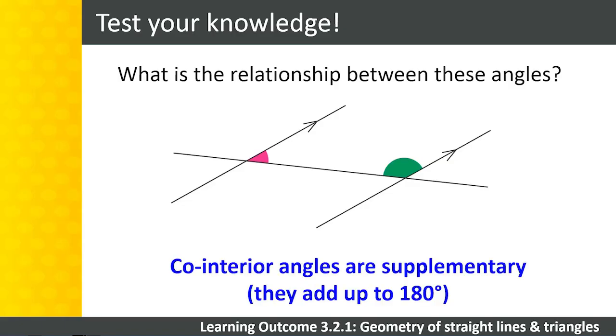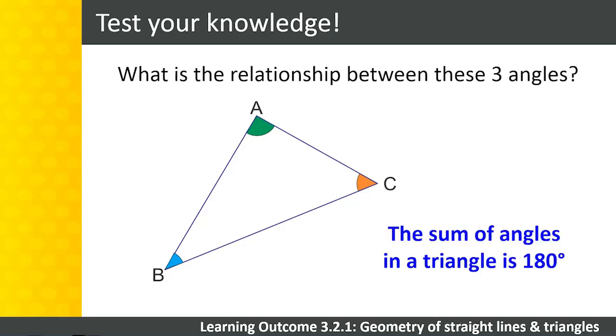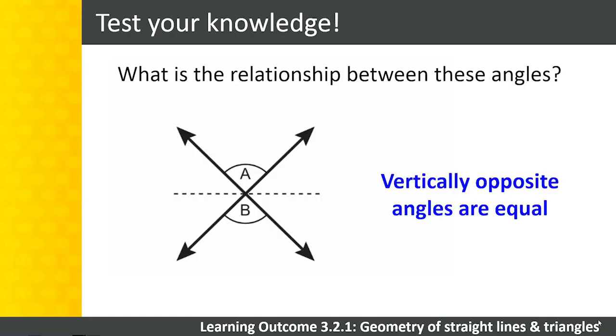What is the relationship between these angles? Co-interior angles are supplementary, meaning they add up to 180 degrees. What is the relationship between these three angles? The sum of the interior angles of a triangle is 180 degrees. What is the relationship between these angles? Vertically opposite angles are equal.